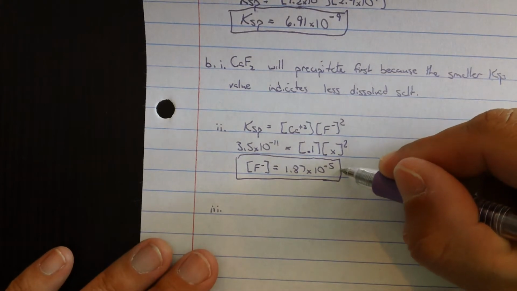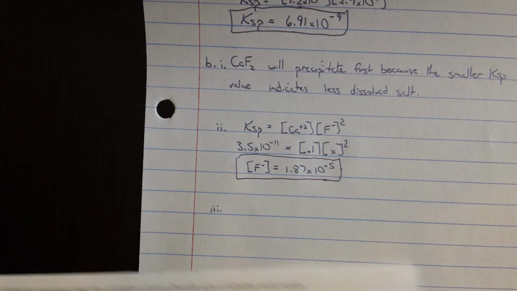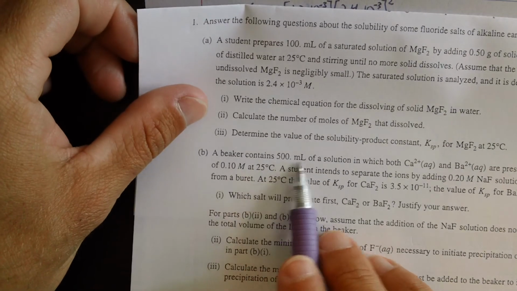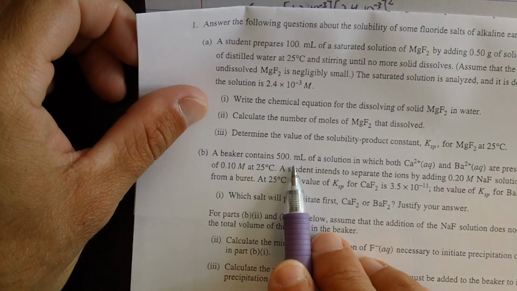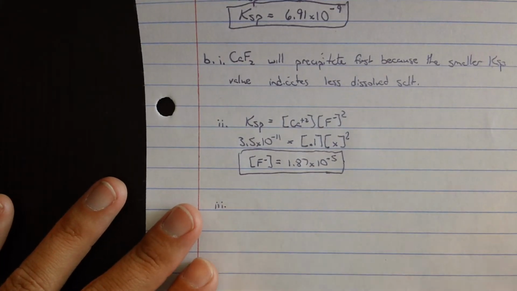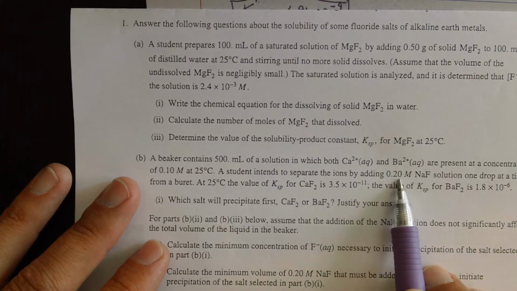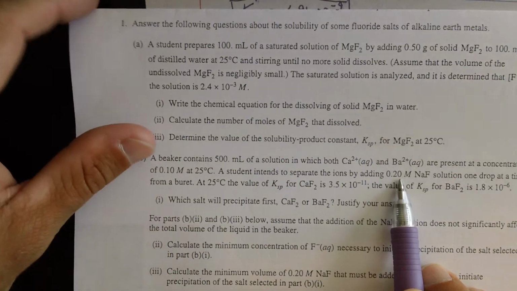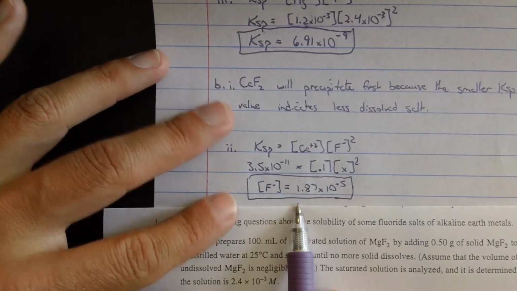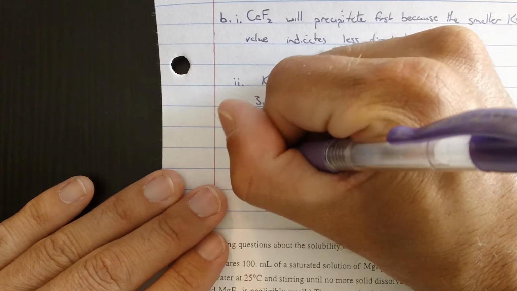We know the volume of that entire solution because they told us this beaker contains 500 milliliters. Good. We want to figure out how much of that 0.2 molar sodium fluoride we have to put in to get this concentration of fluoride in the 500 mL. So it becomes an MV equals MV problem.